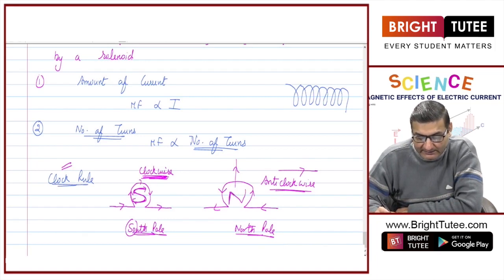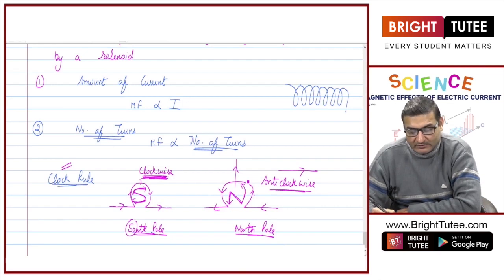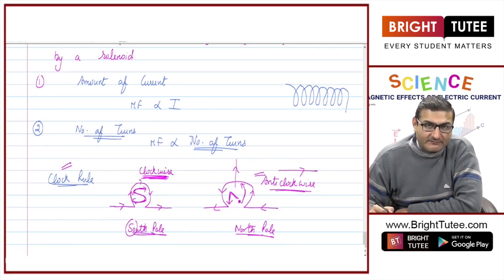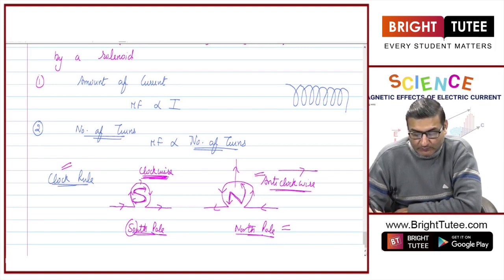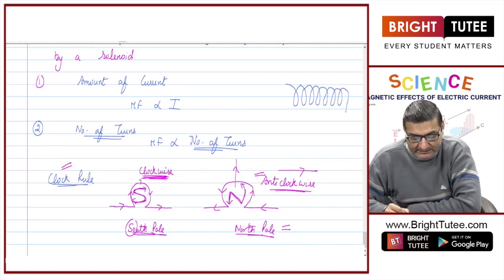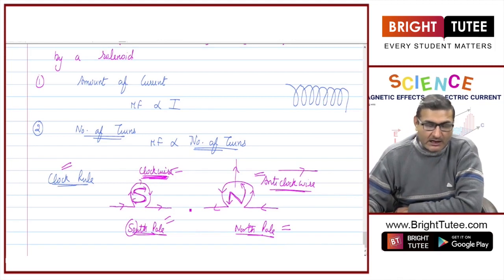First this part, then this part, and then this particular part. This is going in the anti-clockwise direction. So if the current is going in the anti-clockwise direction, the face of the wire will be north pole, and if it is a clockwise direction, it will be a south pole. Got it? Fine.